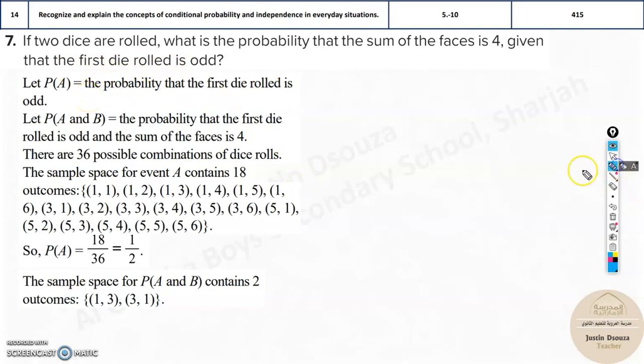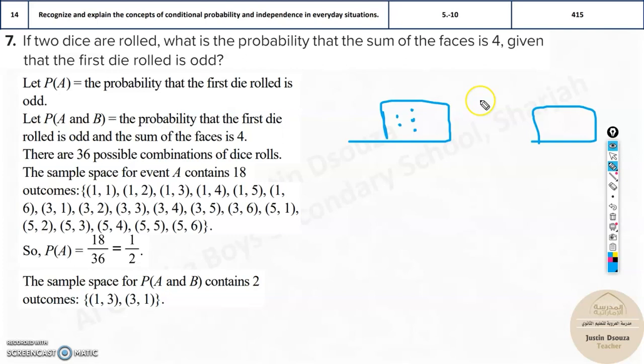What are the possibilities? Now there are two dice, isn't it? The first die you will roll and then the second die. The first can be either 1, 3, or 5. So what is the probability of getting either 1, 3 or 5? It's basically half, right?